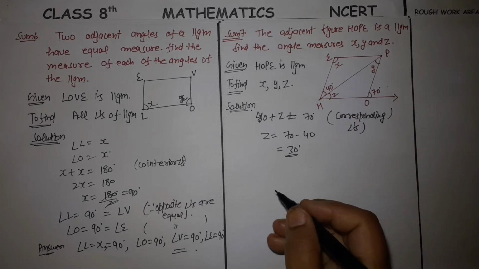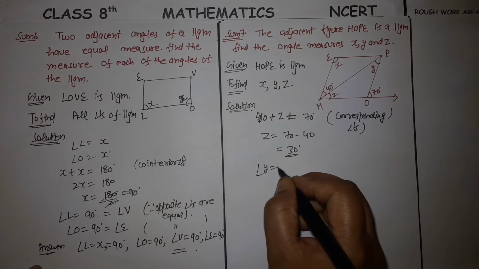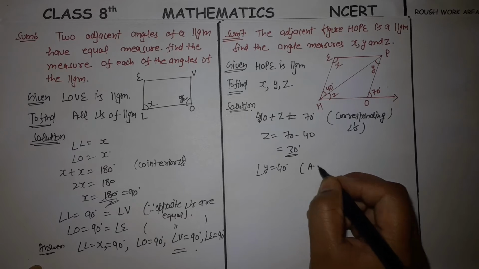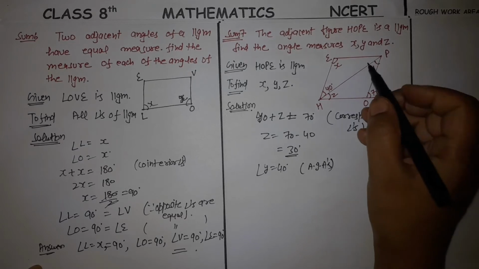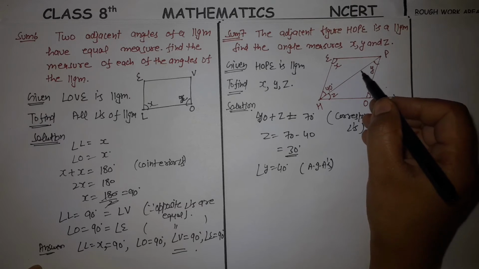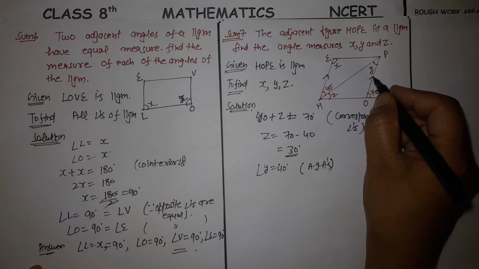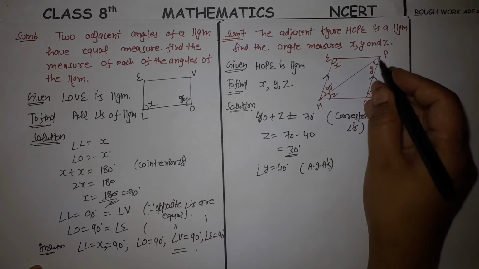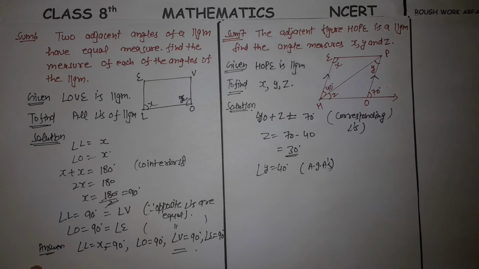Okay, because of alternate interior angles. Angle y is equal to 40. Reason: alternate interior angles. See, these two lines are parallel, with a transversal. These two angles are alternate interior angles.